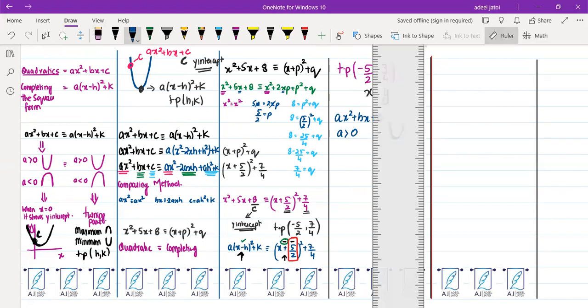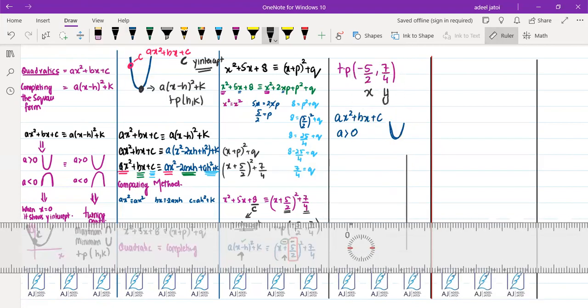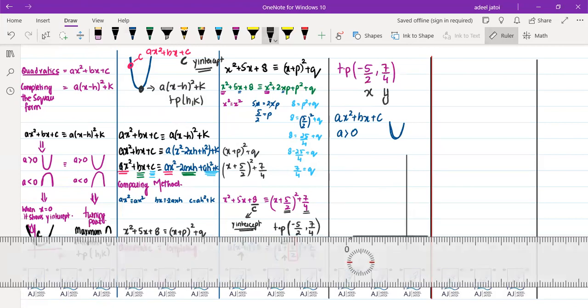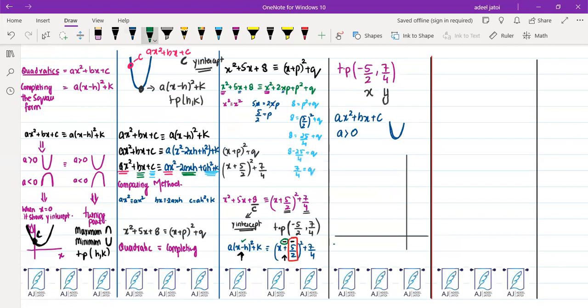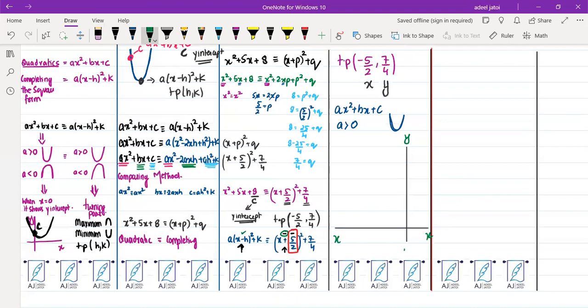So let's draw this. We know it's a negative x and positive 7 upon 4. So your x-axis, your y-axis. Normally the question says sketch. So what does that sketch mean? That means you just need to draw through the given points.